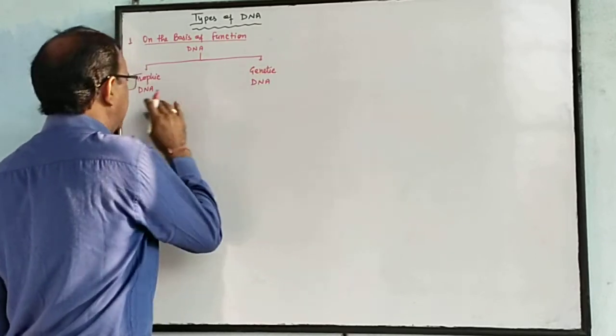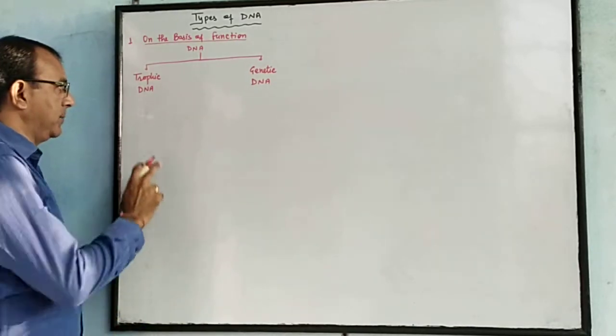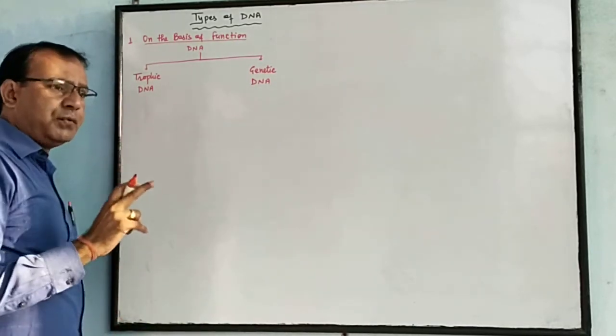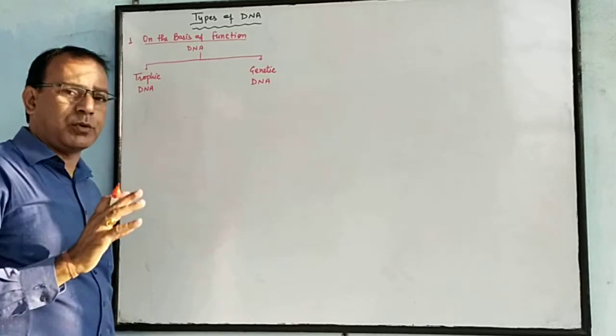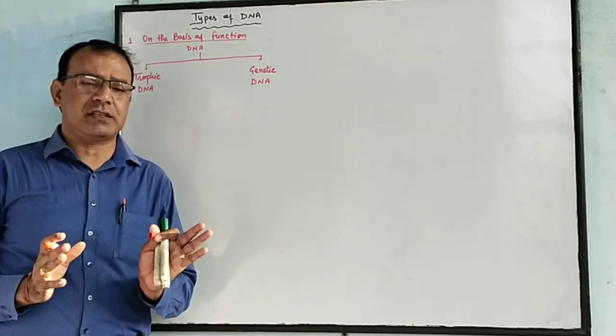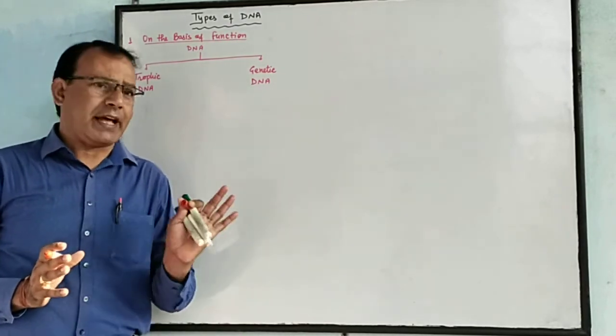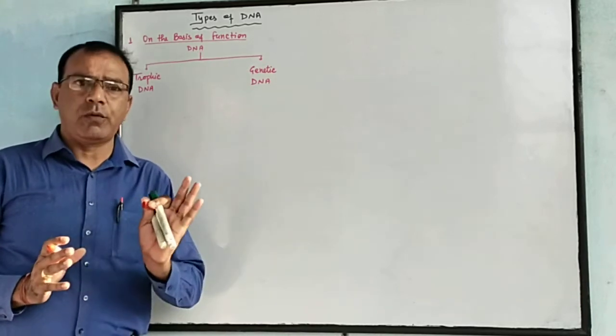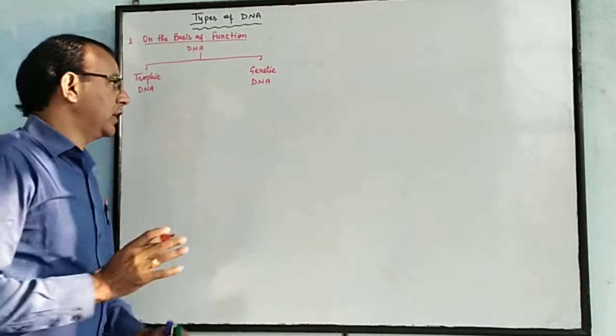What is the major difference between trophic DNA and genetic DNA? Trophic DNA is the DNA which is responsible for all the activities in the body, such as digestion, respiration, excretion, but not involved in reproduction.